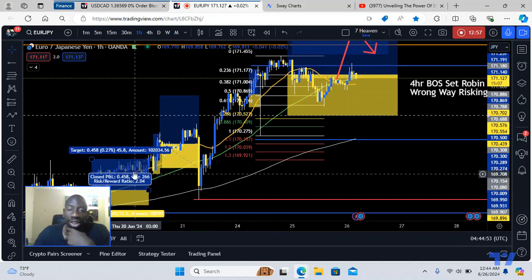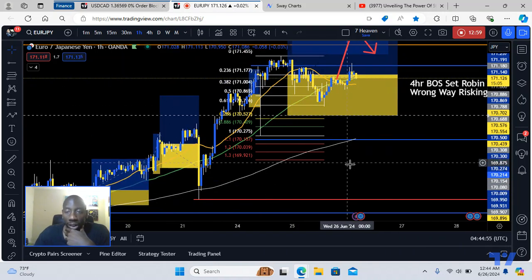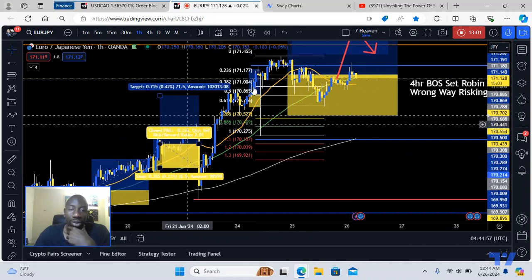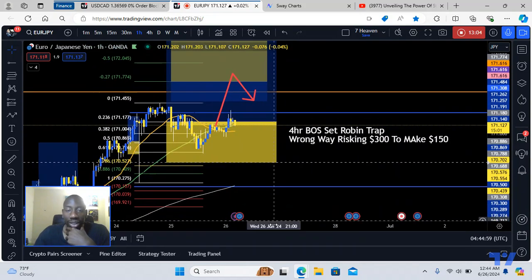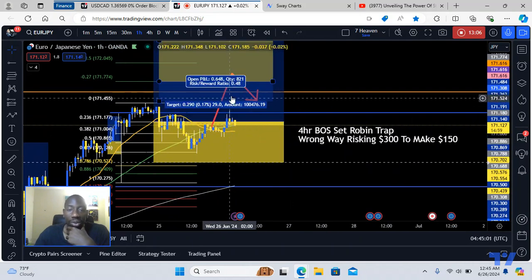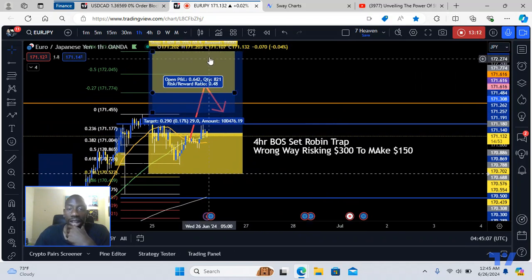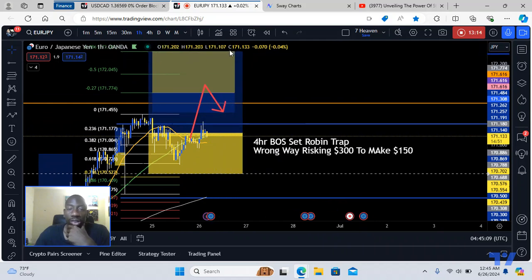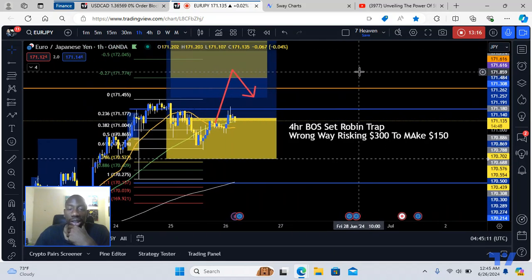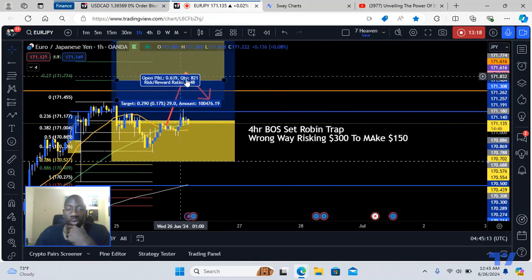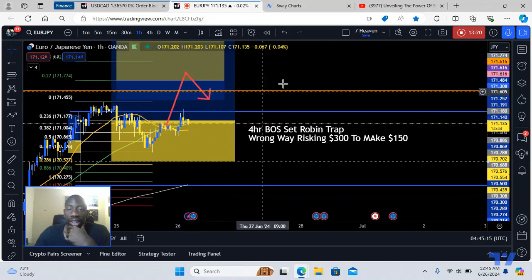What's the probability of us getting a fourth one after we had 3 in a row? Very slim to none. So when this price comes up to here, I'm expecting this thing to come straight down. I'm not expecting this price to do a fourth one and make this another solid win. I'm expecting a mini win here and gain this thing.